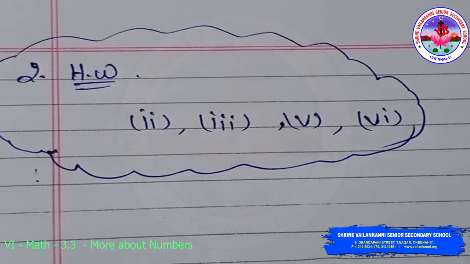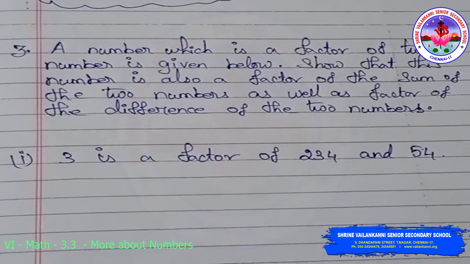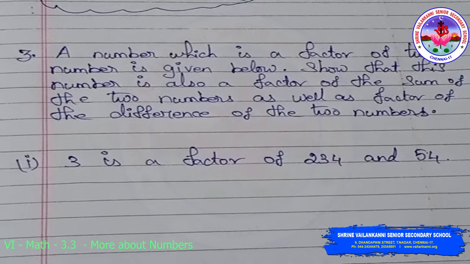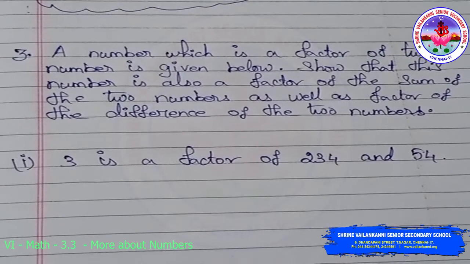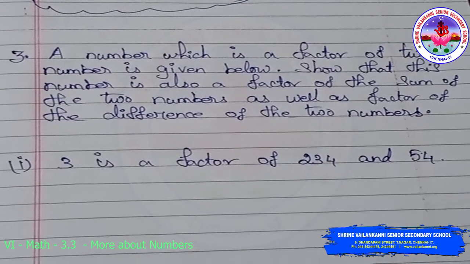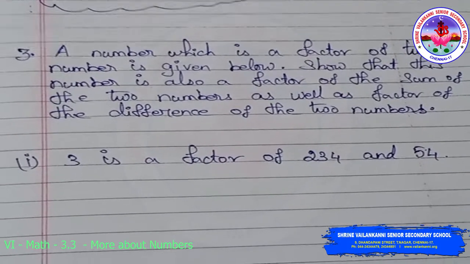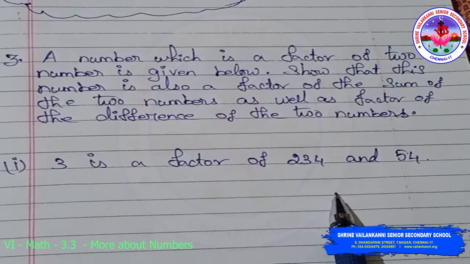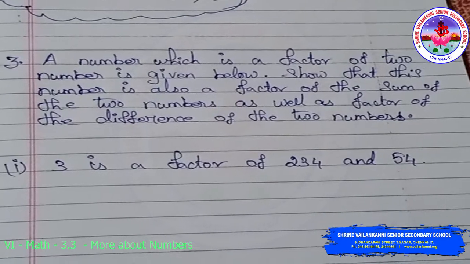Next, third question. A number which is a factor of two numbers is given below. Show that this number is also a factor of the sum of the two numbers as well as the factor of the difference of the two numbers. The question is, 3 is a factor of 234 and 54. Solution.